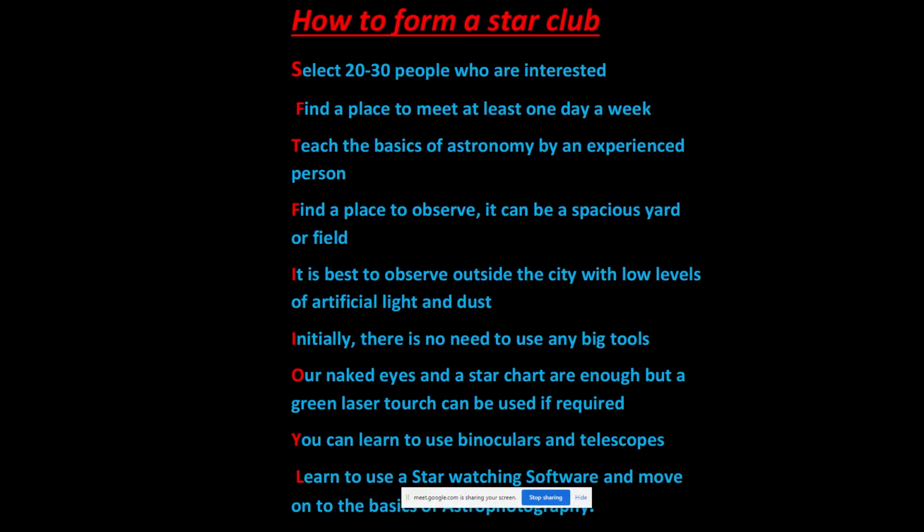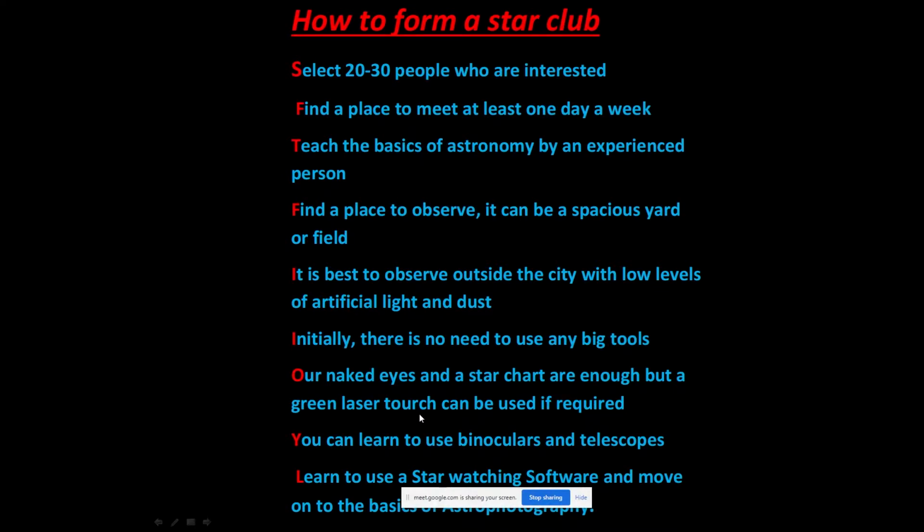But you should have a dark night, any place with a dark, clear sky, a clear night, even without bright moonlight. Okay. A green laser torch can be used if required. I will show you a green laser torch, but it is somewhat dangerous to the eye.